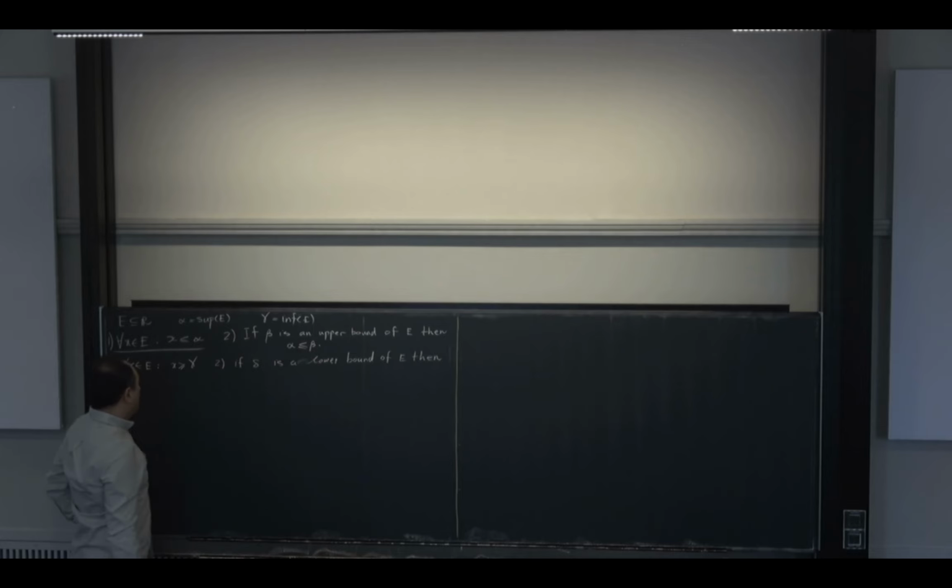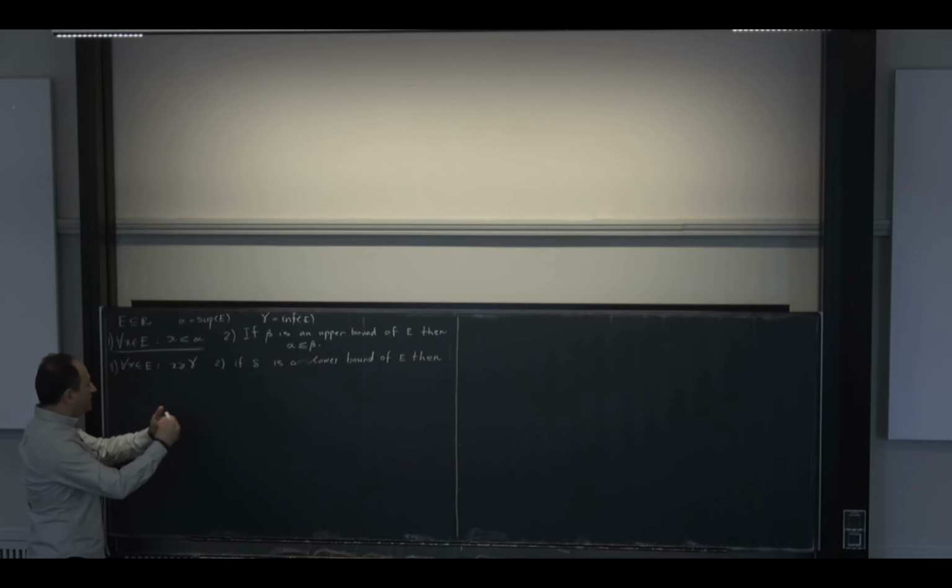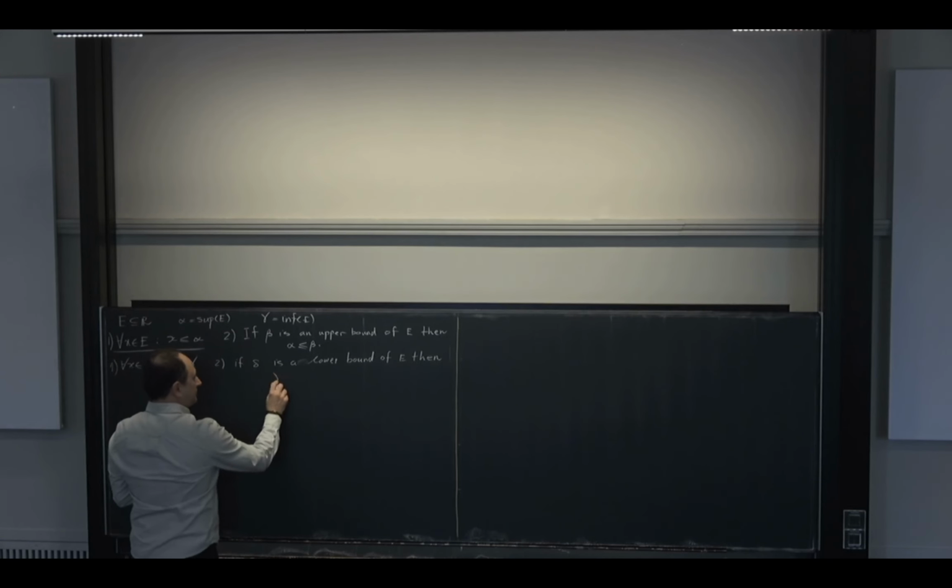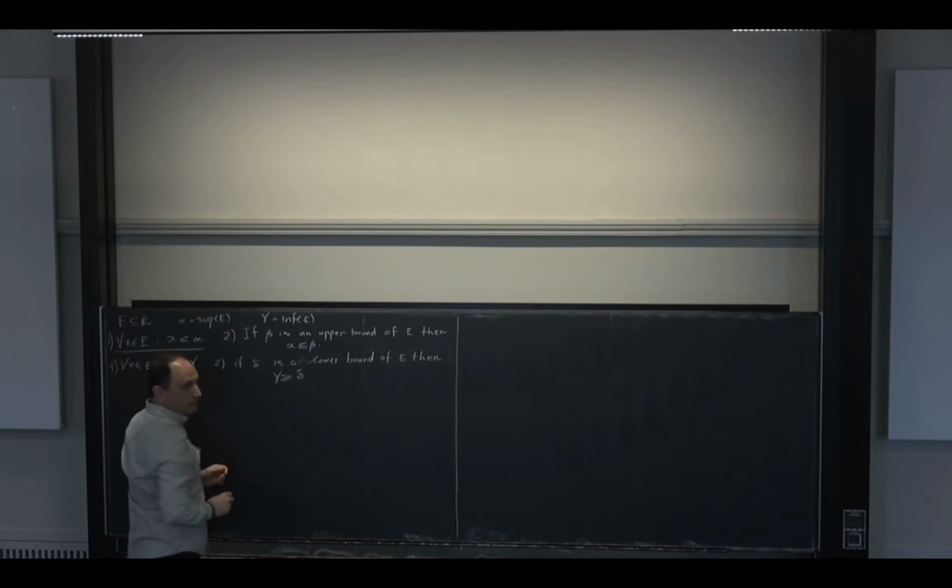I want to show that this is the greatest lower bound. If delta is a lower bound, what? Gamma is bigger or equal to delta.